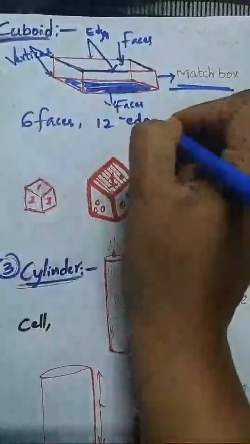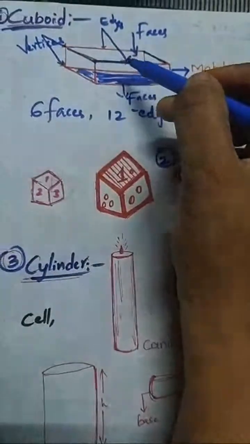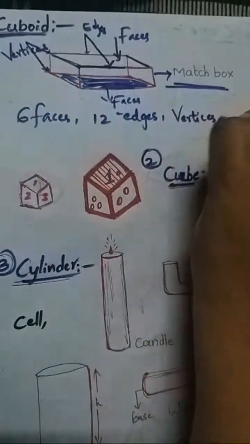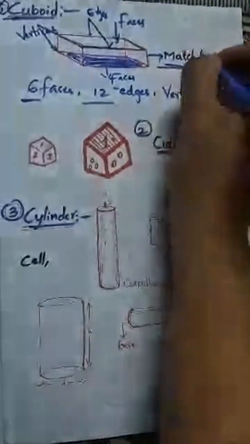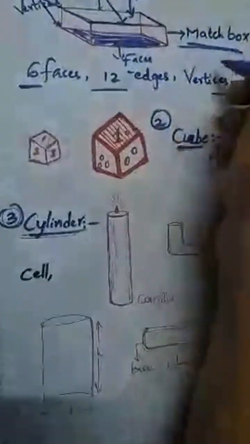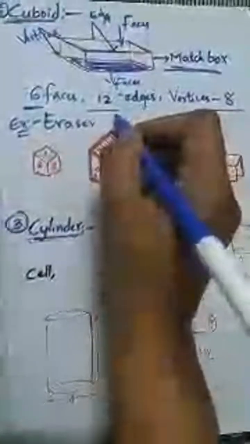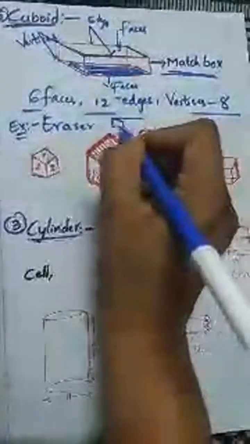For vertices, we count and get how many vertices? 8 vertices in total. So 6 faces, 12 edges, and 8 vertices for a matchbox. I have taken a matchbox as an example, and an eraser is also an example. You can take another example, the same, an eraser also like this only.